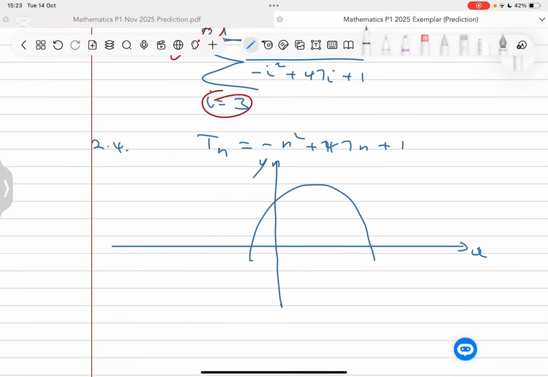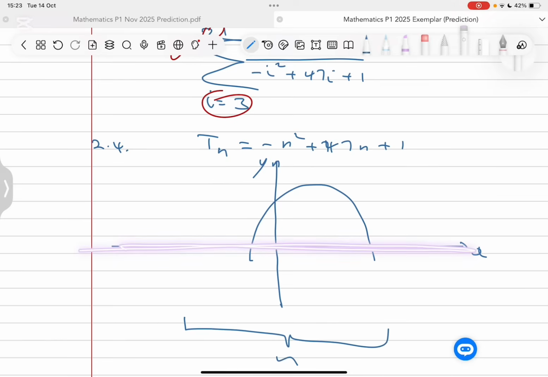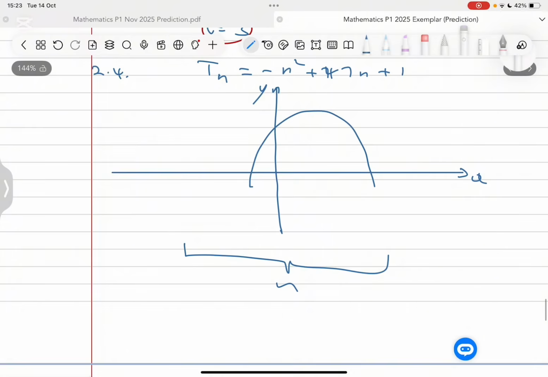You have to notice that the x-axis here represents the number of terms. So it means this part of the sequence here is the number of terms. And we know that the number of terms here must be an element of the natural numbers. They must be the counting numbers, your 1, 2, 3, 4, and so on.